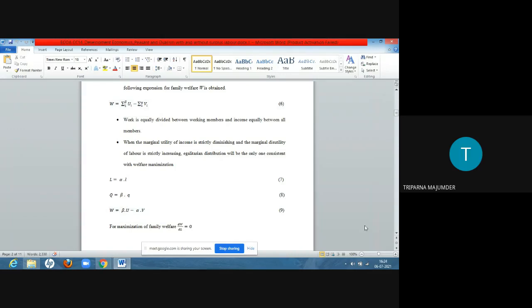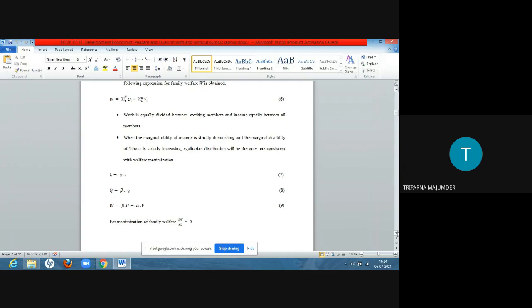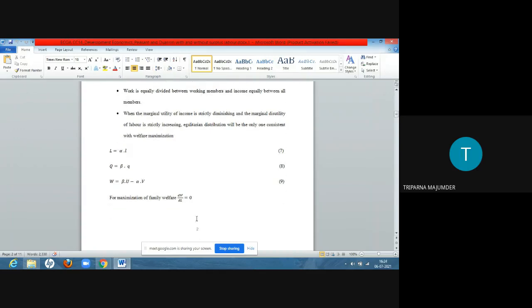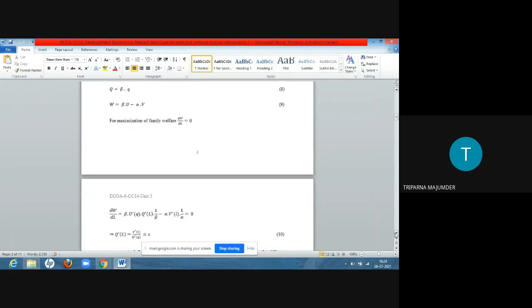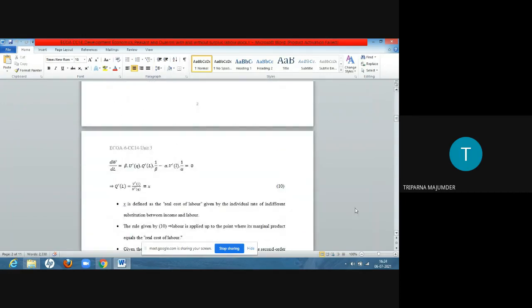Now, for maximization of family welfare, we all know that dW/dL should be equal to 0. Now, it's a very simple differentiation, and putting it equal to 0, I think you'll all be able to do this differentiation, and you must do it yourself.